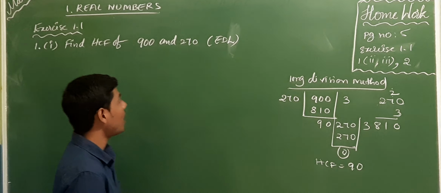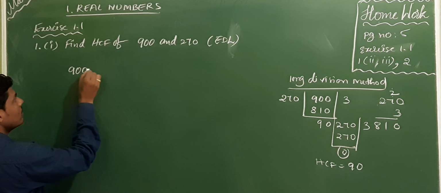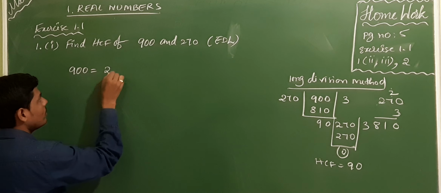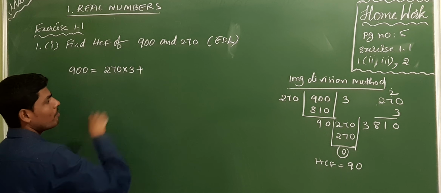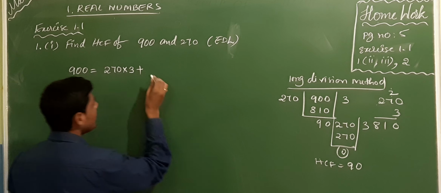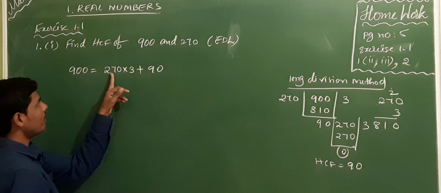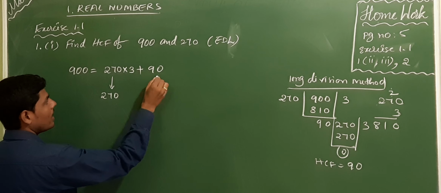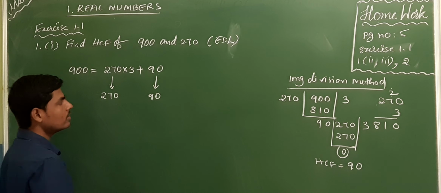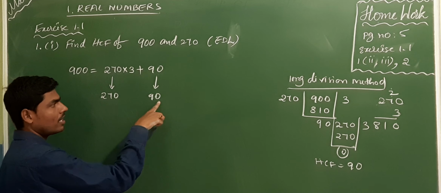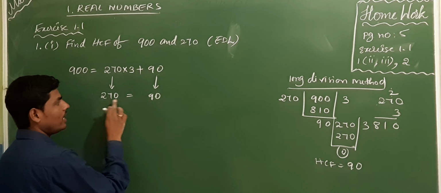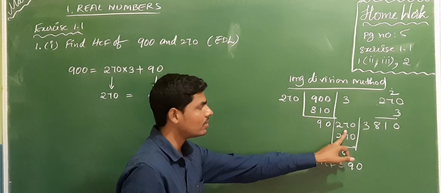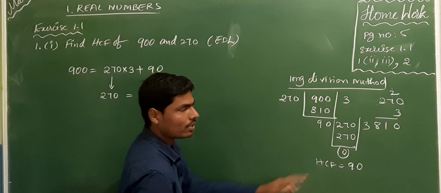Now let us apply this problem to Euclid division lemma. Dividend 900 is equal to 270 into 3 plus, what is the remainder you got? 90. Divisor, remainder. Now drop this 270 here and 90 here. Now these become divisor and remainder. In the second step, 270 is equal to 90 into 3 plus 0.